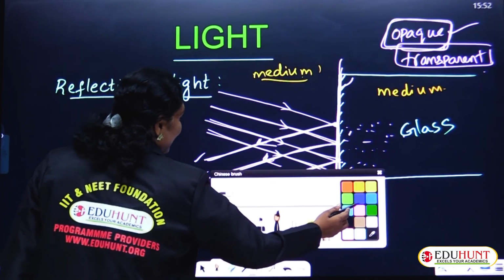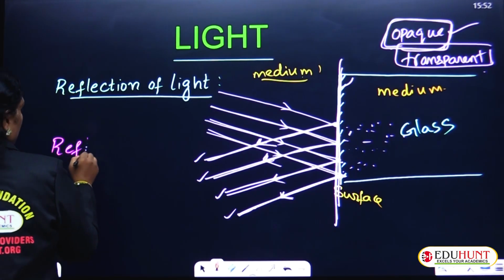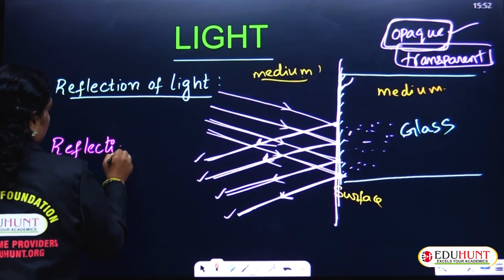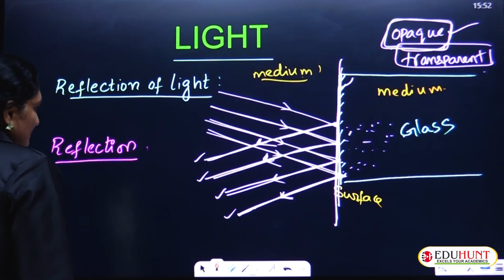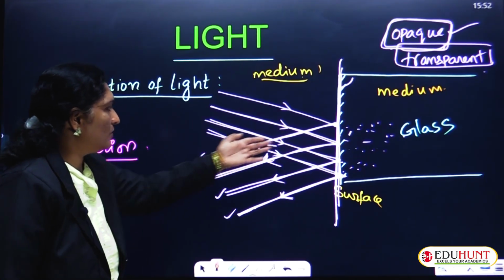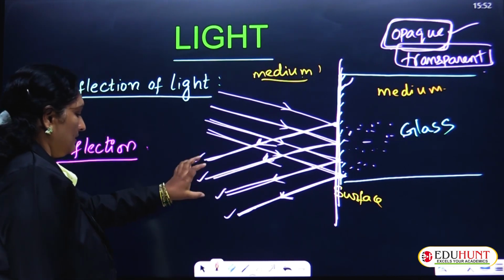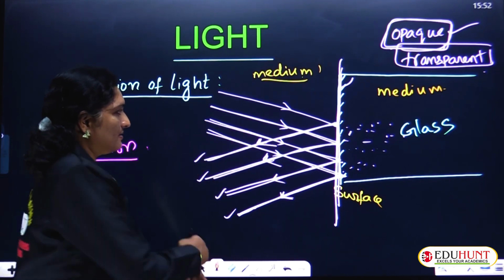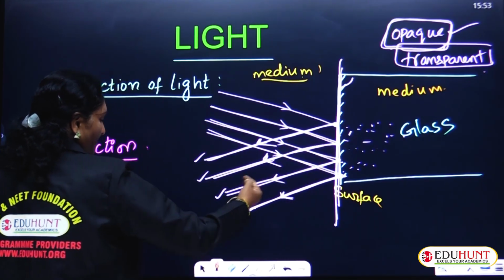Well, let us try to understand the term reflection clearly. Let us completely focus on the term reflection. What is reflection? As I said just now, these are the light rays. This light ray after falling is returned back to the same medium.